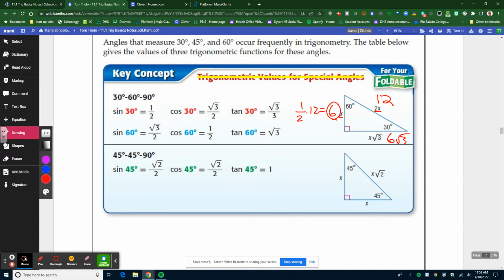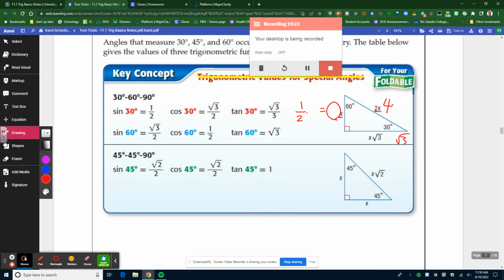Pick a different even number, Torah. Okay, so y'all are going to finish this one. Replace the 12 with a 4 and find your short leg and your long leg. So put 4 in for your hypotenuse. Let's see if you can do the rest. What's the short leg going to be?